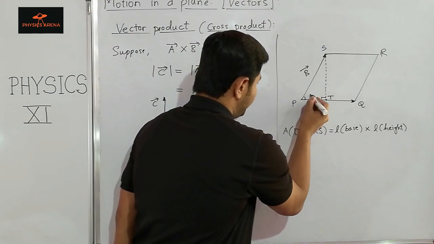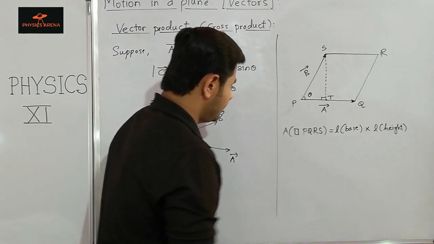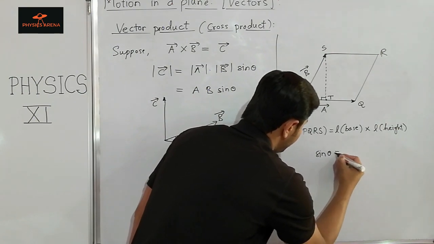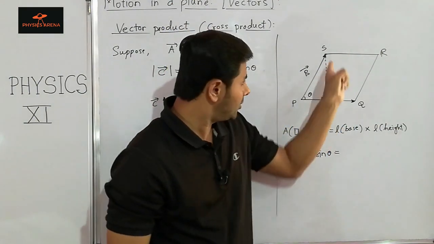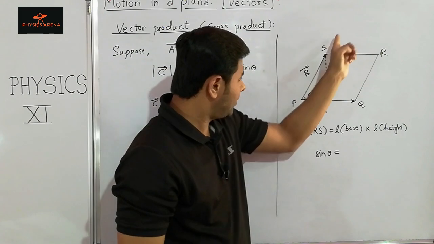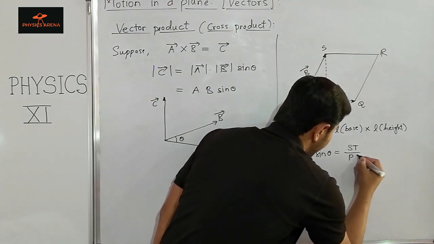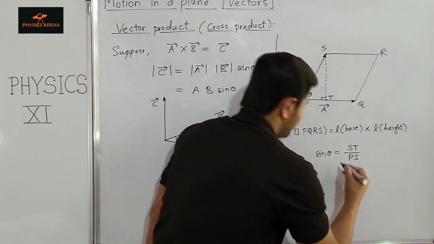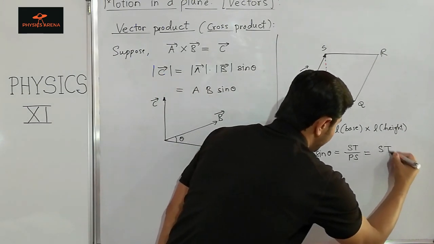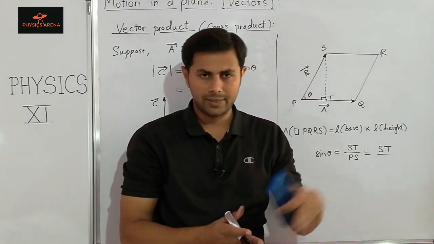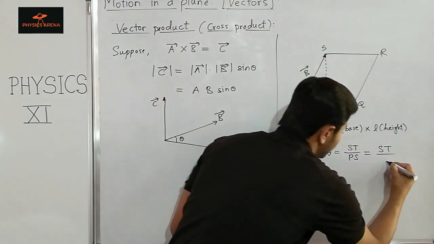So angle between A bar and B bar is theta. So let's find ST. In this triangle, sine theta is equal to ST divided by PS. So sine theta is ST divided by magnitude of B bar, which is length PS.